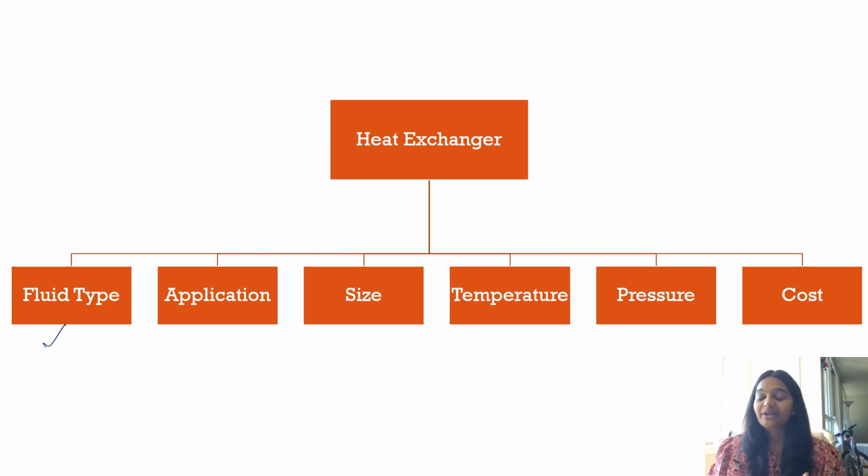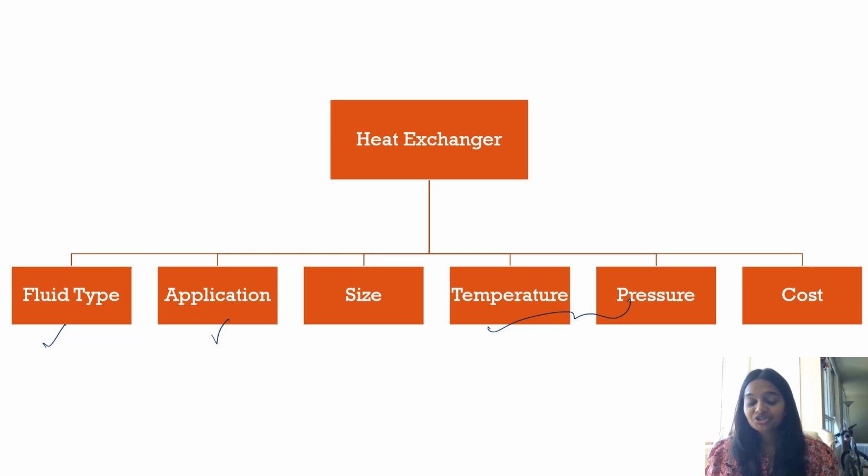Another one is based on your application. You want it for heating purposes or cooling purposes. What is your application? It could be reboiling also. So based on applications you can classify your heat exchanger. Now based on size, what size fits your plant or the area you have, you can decide which exchanger to use.